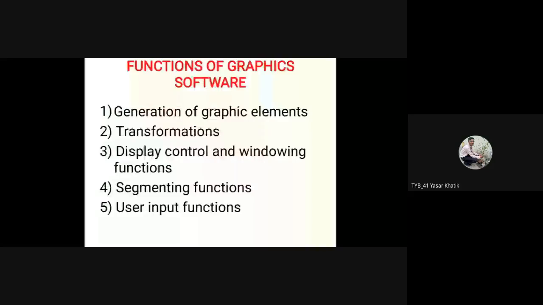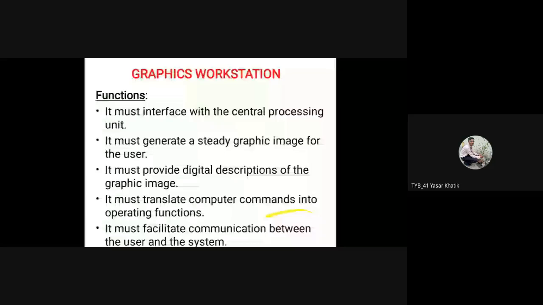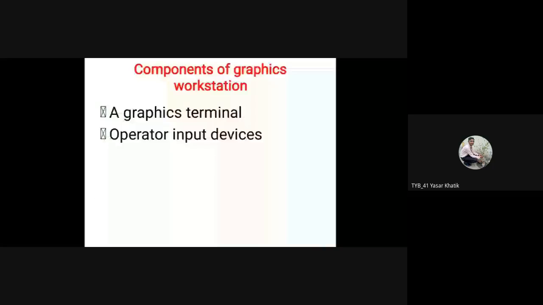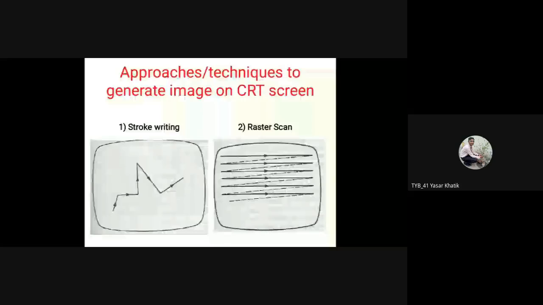Okay, so we have seen the graphics software functions, how the graphics software works for the given CAD/CAM CAE conditions. Okay. There are major parts, means design workstation and other input output and secondary storage. So there are some functions. Then we have seen some image generation processes like CRT. Okay. So there are two methods to create the image in CRT.